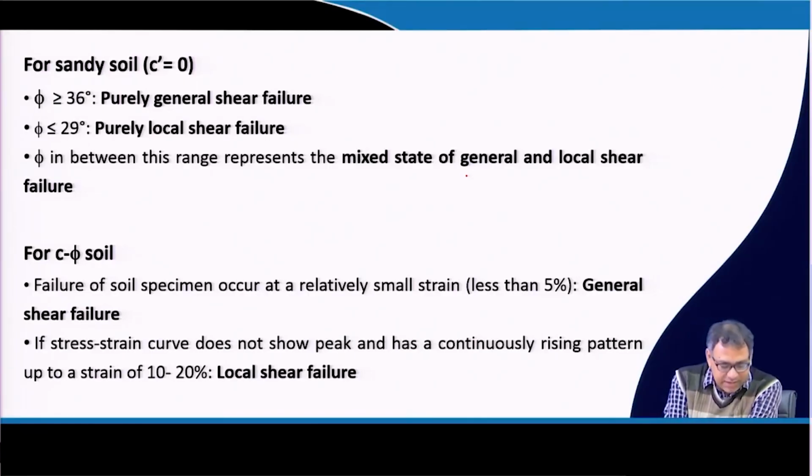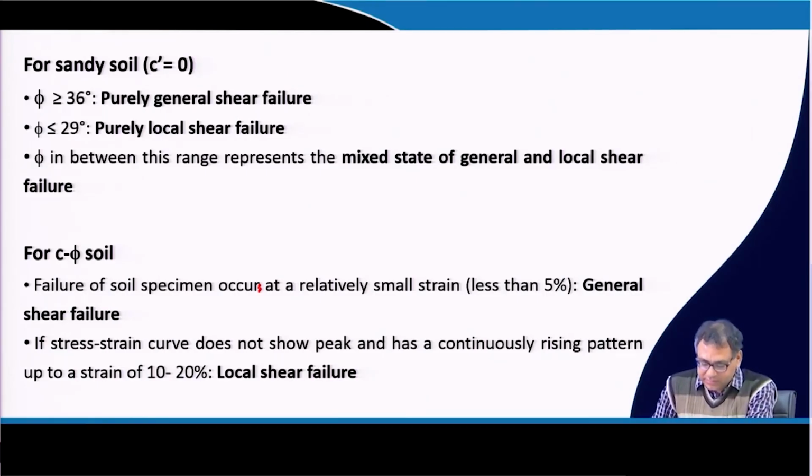It says that if the failure of the soil specimen occurs at a relatively small strain, then there will be general shear failure. That means if from the stress strain plot we see that the failure occurs at a relatively small strain within 5%, then that is general shear failure.